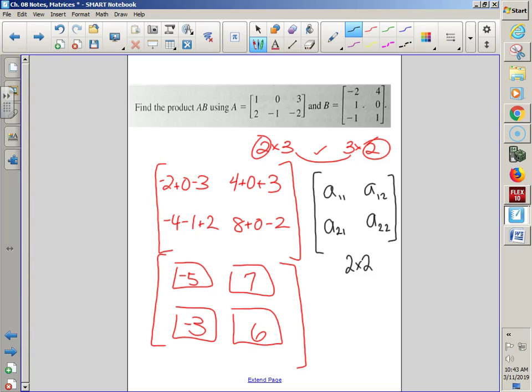But if it helps, you can think, okay, to get this part of my 2 by 2 answer, I'm going to go across my first row, down my first column, across my first row, down my second column. And as Jason was saying, we match up multiplying, plus multiplying, plus multiplying. Whole first row, whole first column, put that together to get the first row, first column answer.